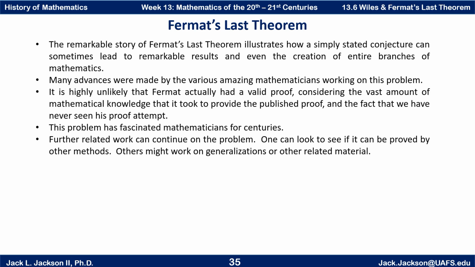But either way, that's probably what happened. Or it's possible he wrote something down for a proof, thought it was correct, and we just never have found it since then. But we have no evidence for that.